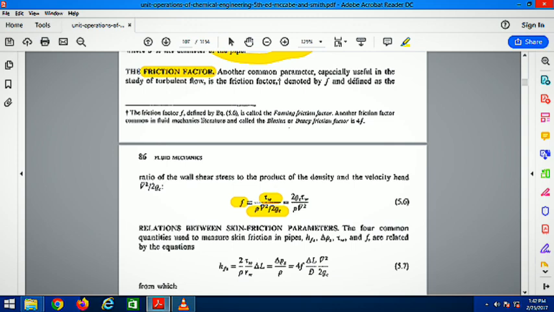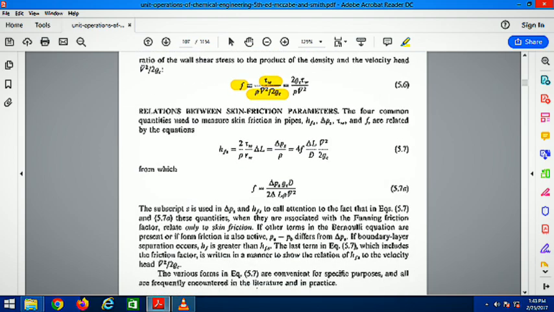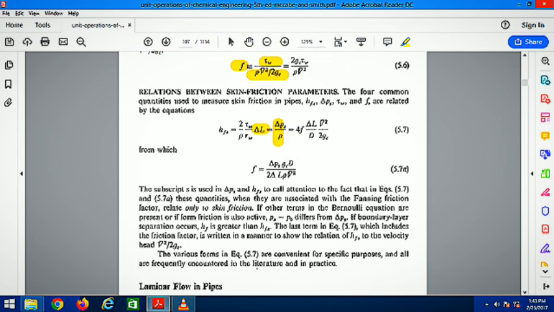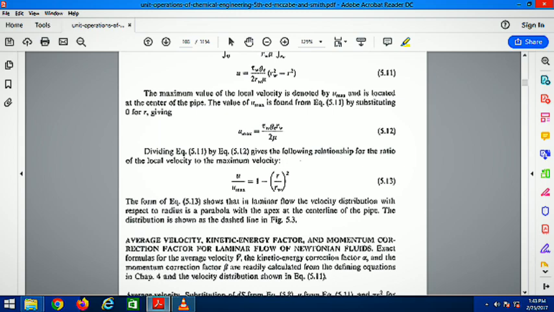So tau W upon rho V square by 2 is the friction factor. So we put the values of tau W and the dL values, and from the above equations 5.2 and 5.4, we get the final f.